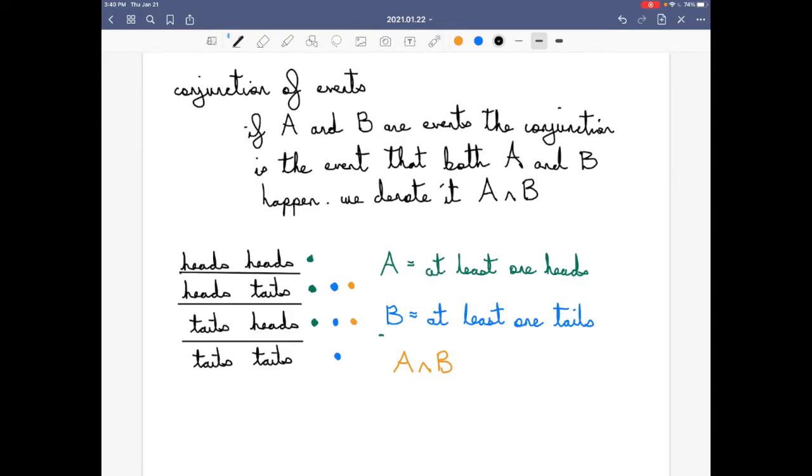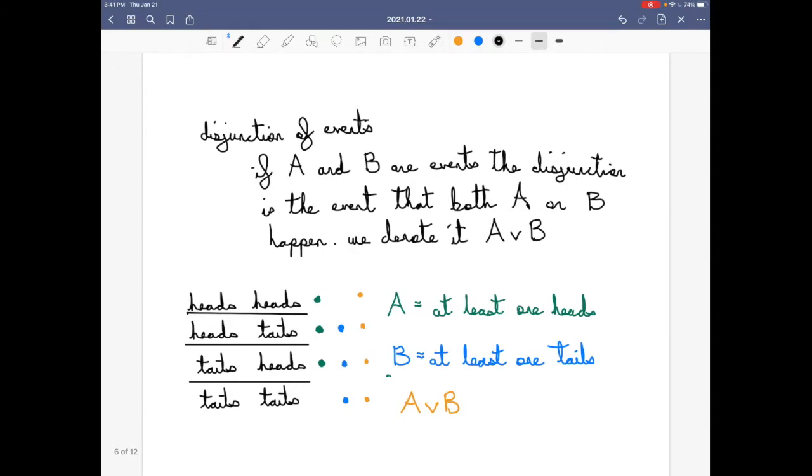And you can see it's pretty obvious that the conjunction is always somehow contained within the two constituent events. It's maybe the same size as them, but it can never be larger. The conjunction is always smaller than the two constituent events. The way we're going to interpret that later on is by saying the conjunction can never be more probable than the two constituent events.